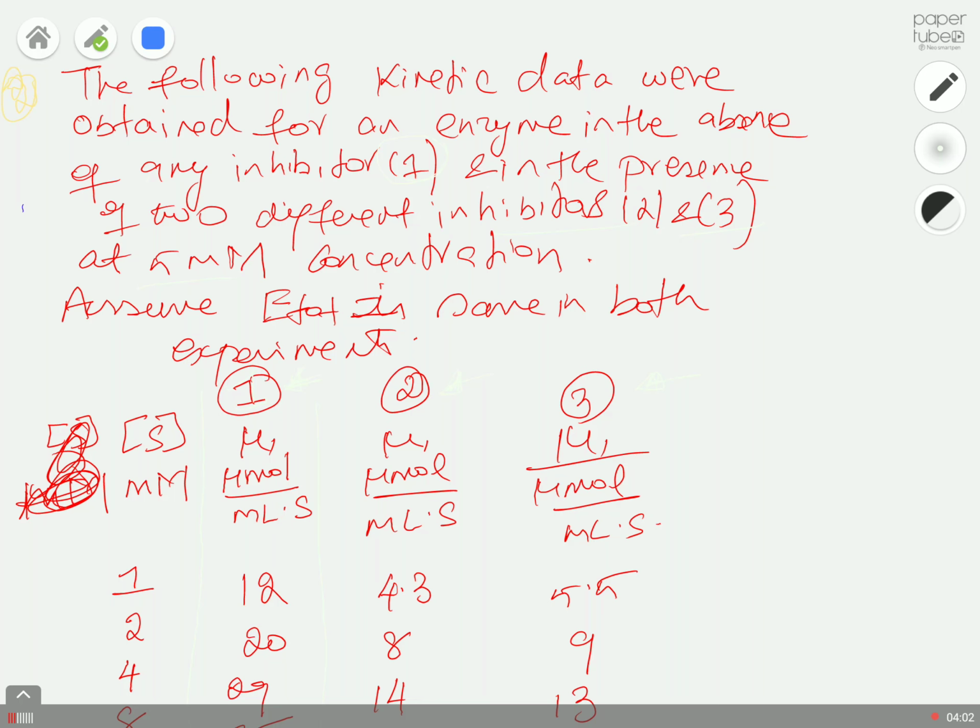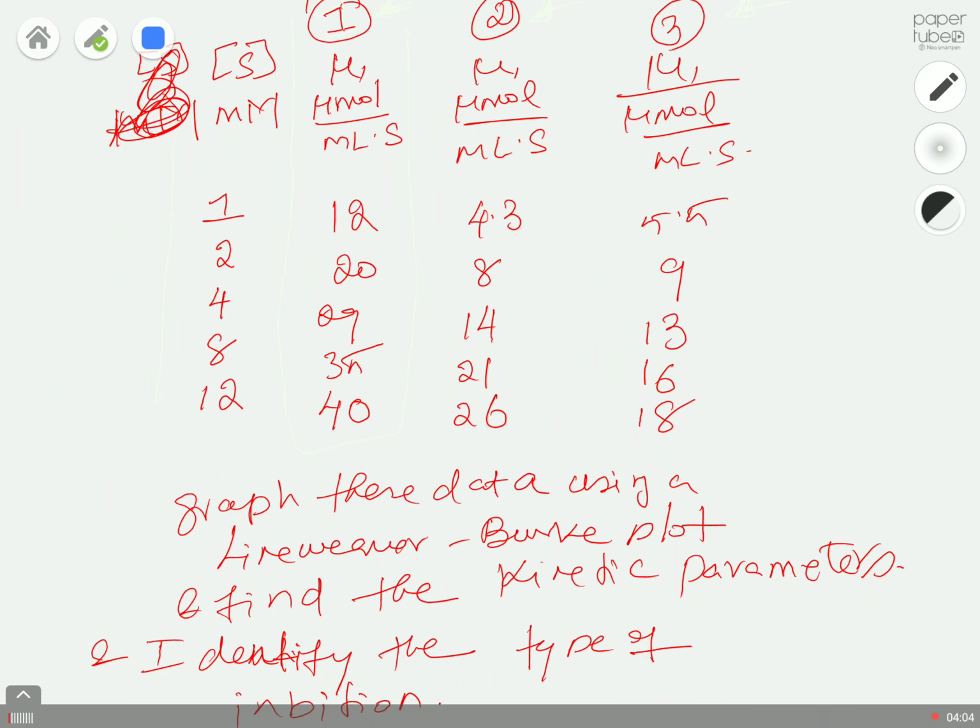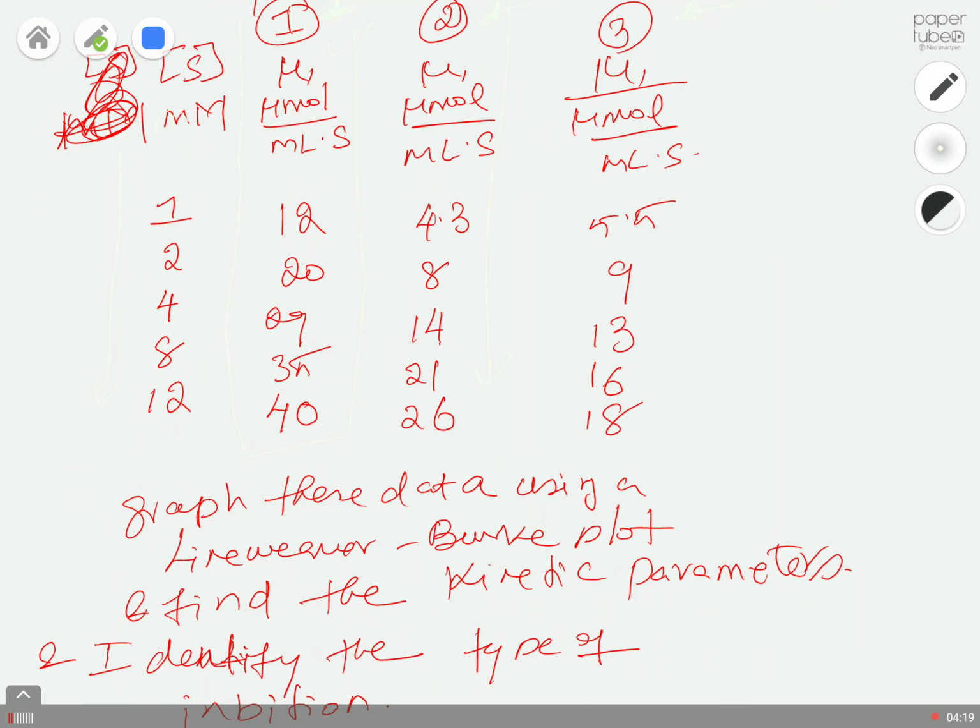So these are the data. I gave the substrate concentration, expressed in millimoles, and your initial velocity is expressed in micromoles per milliliters per second.